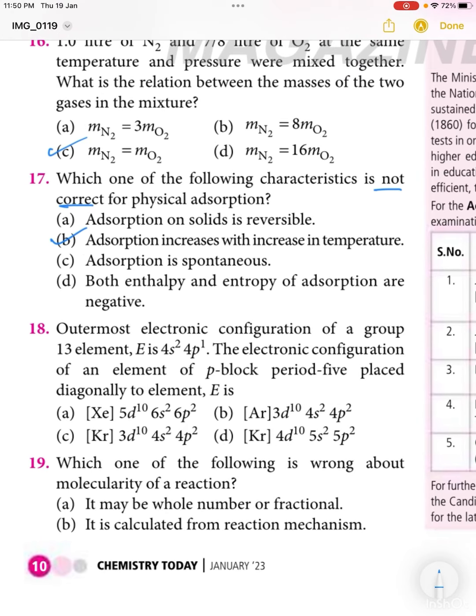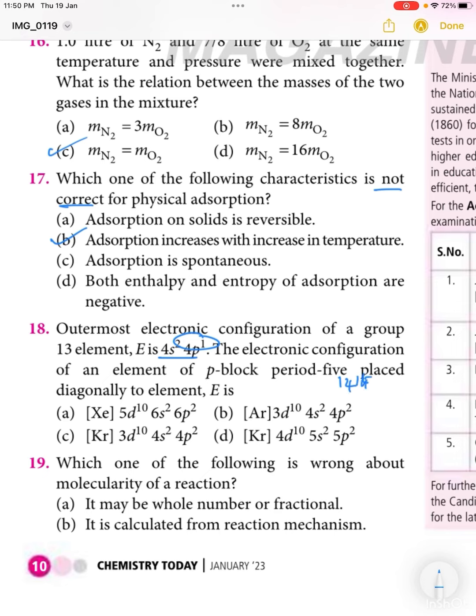Outermost electronic configuration of a group 13 element E is 4s2 4p1. The electronic configuration of an element of p block, period 5, placed diagonally to the element E is what? Diagonal relationship is shown by elements of two different periods. So the 13th group element will show a diagonal relationship with the 14th group element.